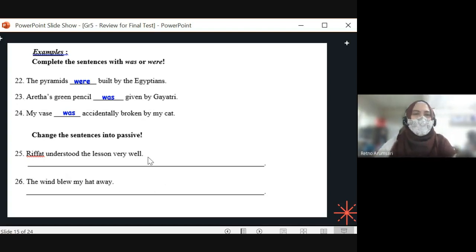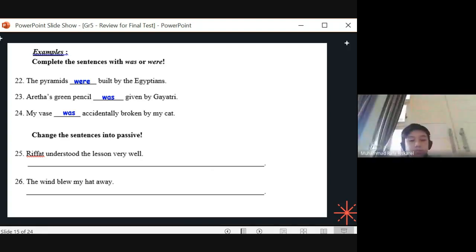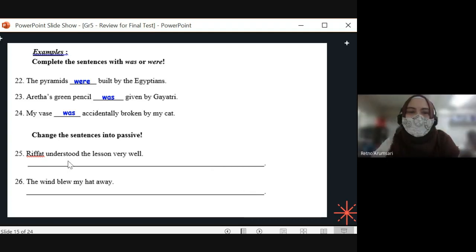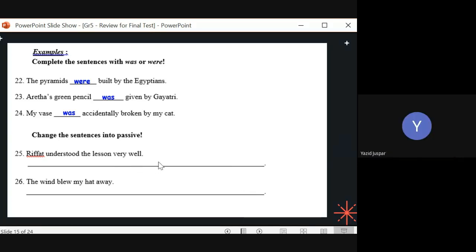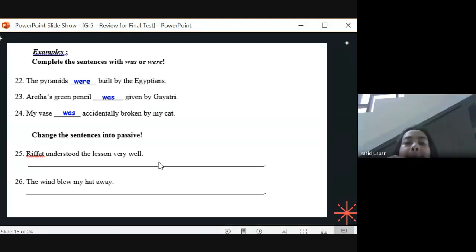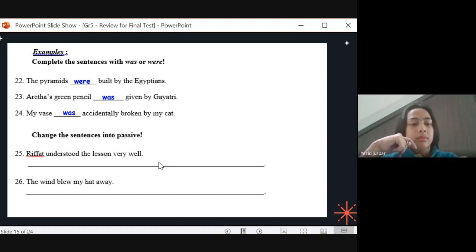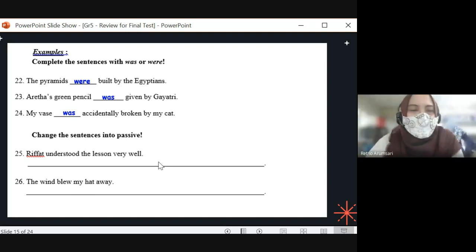Now let's change the sentences into passive. I'll go to after Zufarsha, there is Yazid. Yazid, where is your face? Yes, miss. How do you change it into a passive sentence? What is the object of the sentence?